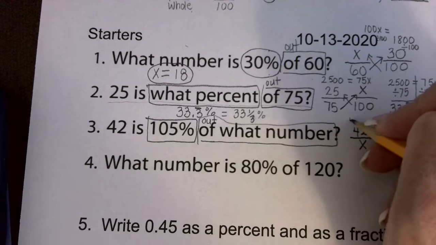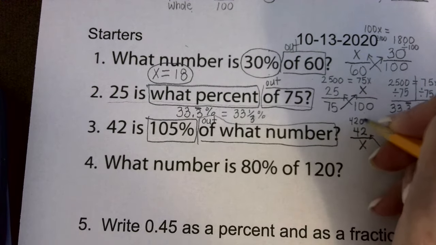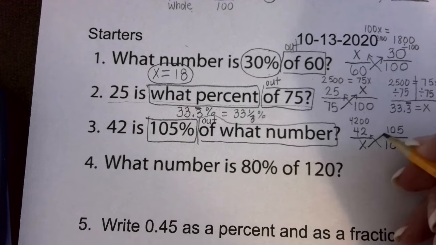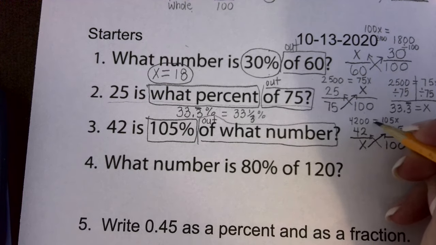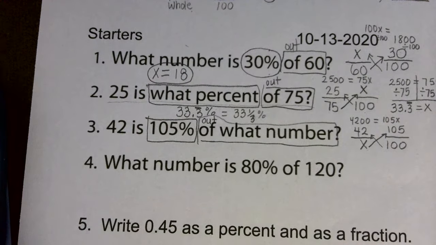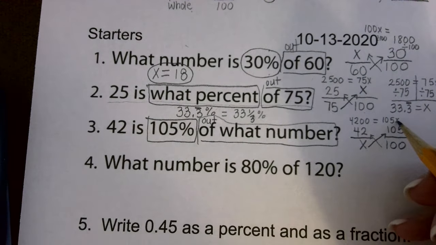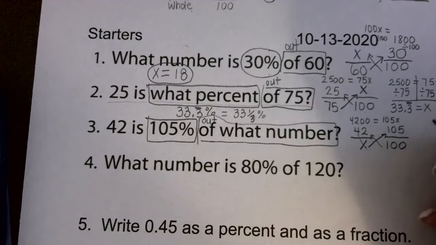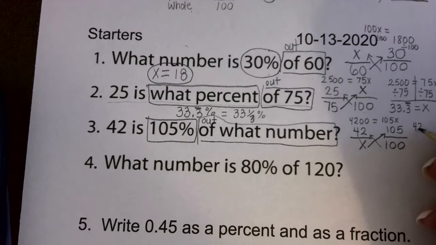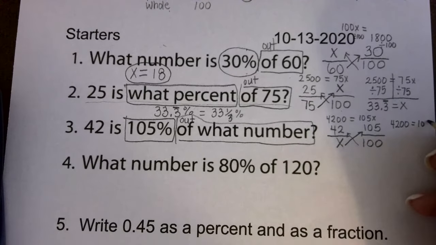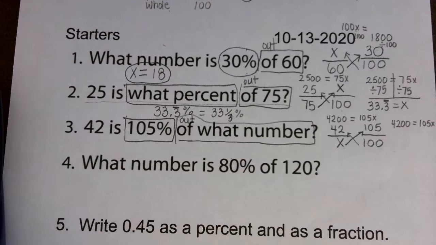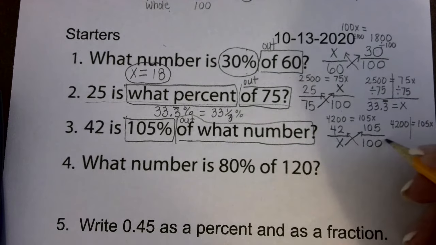Then we cross multiply. 42 times 100 is 4,200. And 105 times X is 105X. Those two things have to be equal when we cross multiply. In order to figure out 105 times something to get 4,200, we set those two equal to each other. We split that equation.